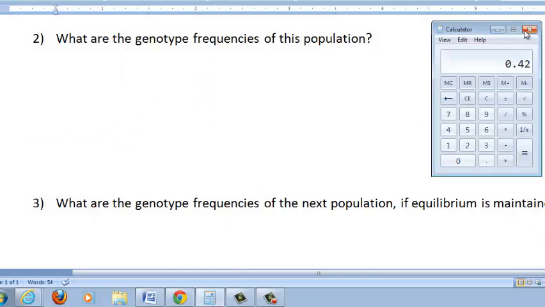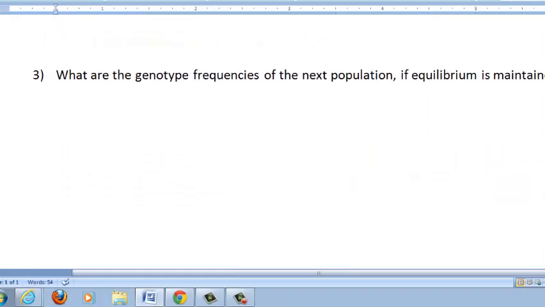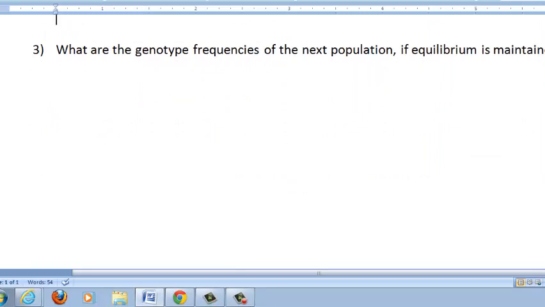Down here on number 3, it states, what are the genotype frequencies of the next population if equilibrium is maintained? In other words, if no evolution takes place, what is the expected frequency of our genotypes in the next population?